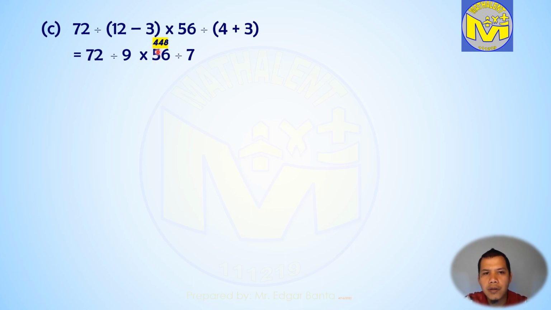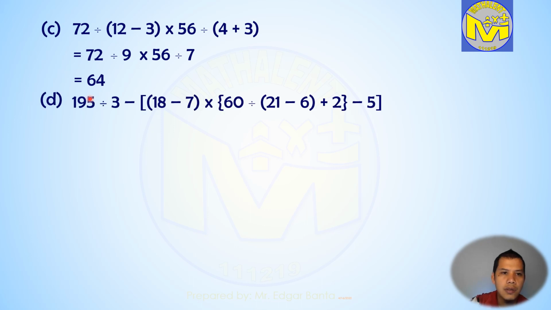And then 448 divided by 7 is equal to 64. That's how we do it, left to right, step by step. Divide 72 divided by 9, and then the result here times to the next number, and then divide to the next number. Alright, so we have 64.